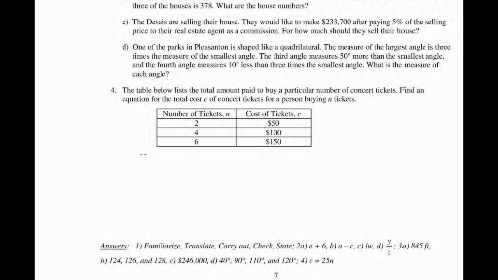Okay, part of this is to figure out what they're asking. And I didn't know what they were asking initially. But then after looking at the chart here, if 2 tickets cost $50, 4 tickets 100, 6 tickets 150, what is the cost per ticket?